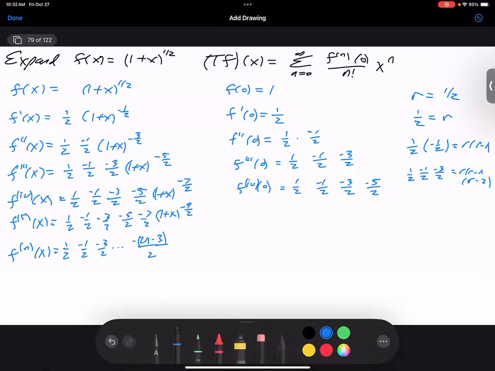If we take 3, 6 minus 3 is 3. So it looks like we go down to 2n minus 3. And so you should be able to prove this by induction. (1 plus x) to the negative 11, oops, not a negative 11/2. What should it be? To the negative, I'm sorry, not n minus 1, (2n minus 1) over 2.